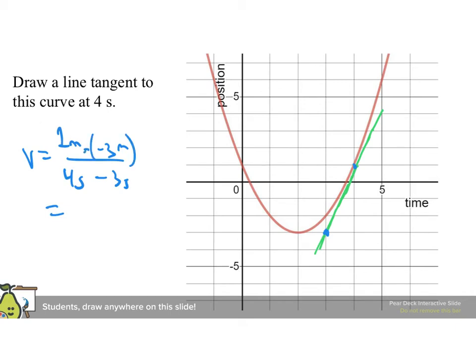Minus 3 meters. Good. So my problem there is I need this to be positive. So let's clean this up. I'm just going to clean up my writing a little bit.